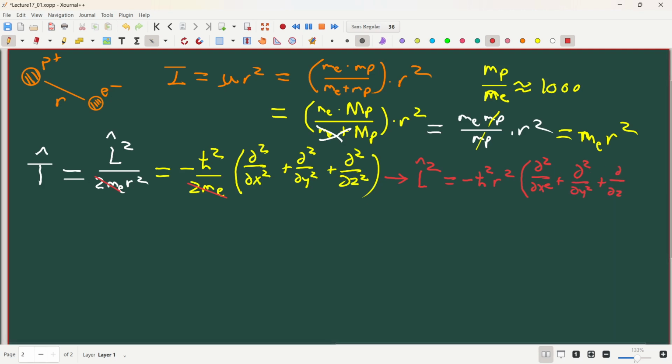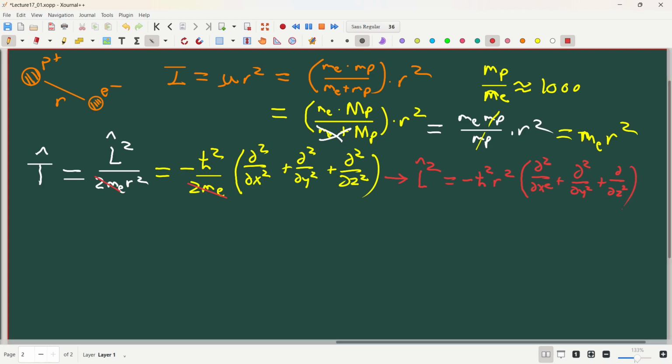Now, there's a problem. What's the problem? Well, we have an issue with our variables. We have r here, and then we have this thing that's proportional to the derivatives in x, y, and z.